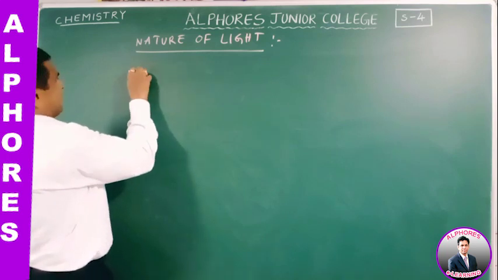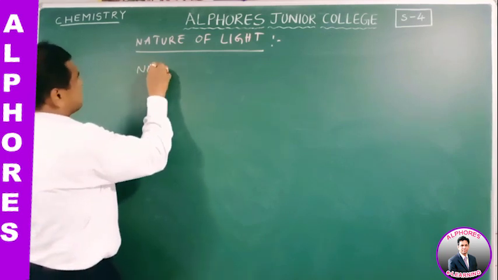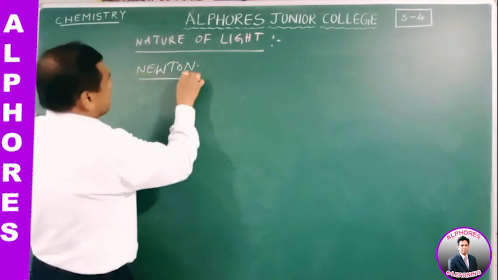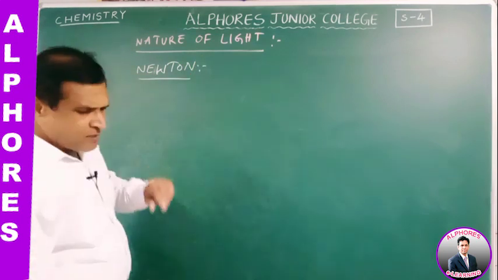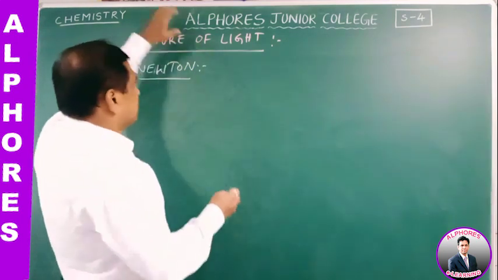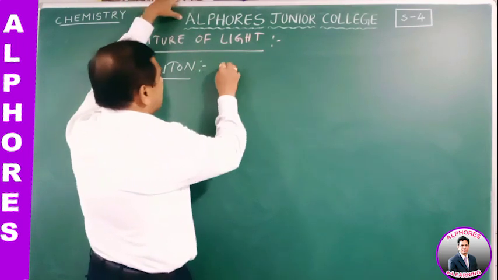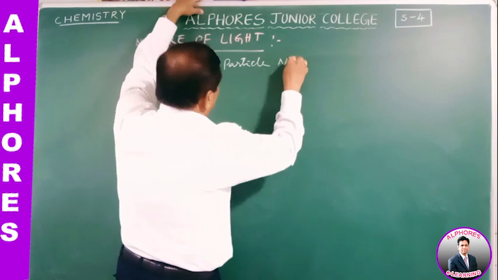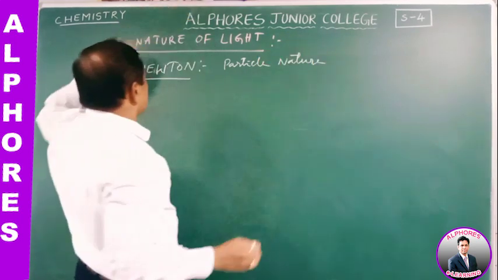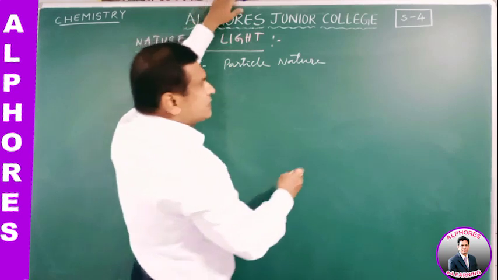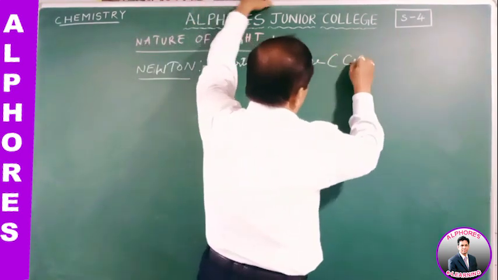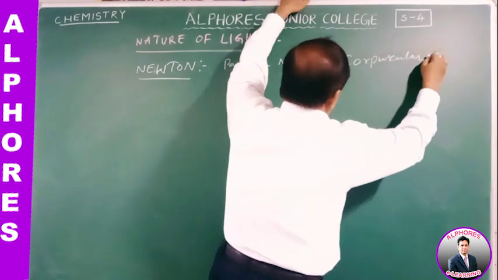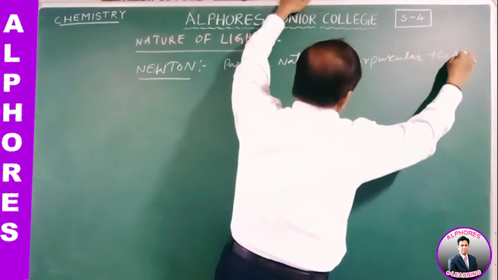According to Newton, the nature of light is particle nature. Particle nature of light was explained by Newton, and the theory he proposed is called the corpuscular theory, that is, particle theory.